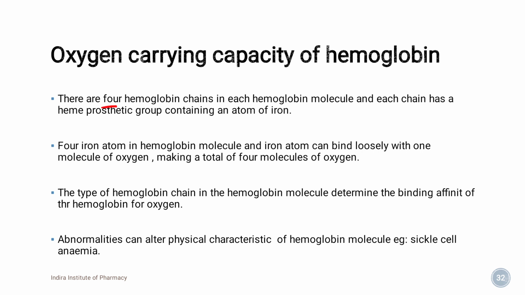So since there are 4 chains, there are 4 iron atoms in a hemoglobin molecule, and each iron atom can bind loosely with one molecule of oxygen, making a total of 4 molecules of oxygen transported by each hemoglobin molecule.